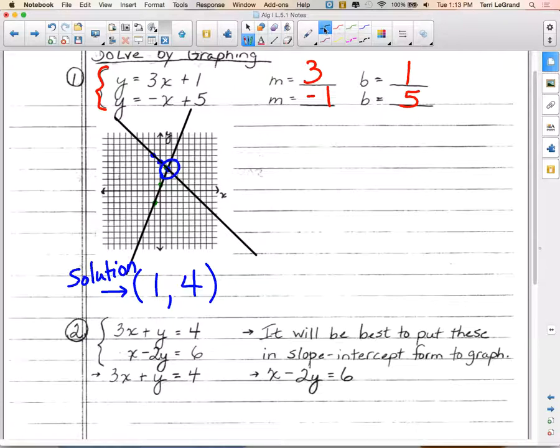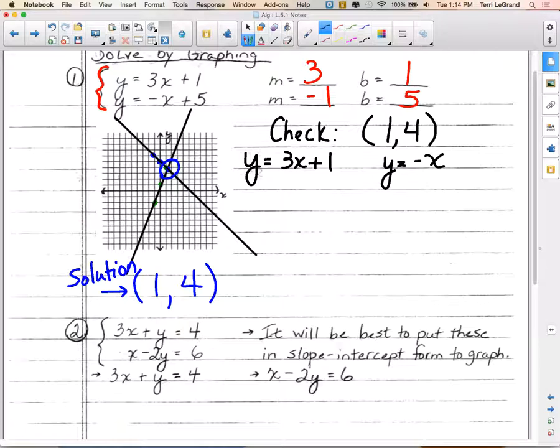Because not only will you graph them, but then you will check your solution to make sure it makes both of the equations true. So we have y equals 3x plus 1, and we have y equals negative x plus 5. Each of them has to have the x and the y value from that point subbed in.